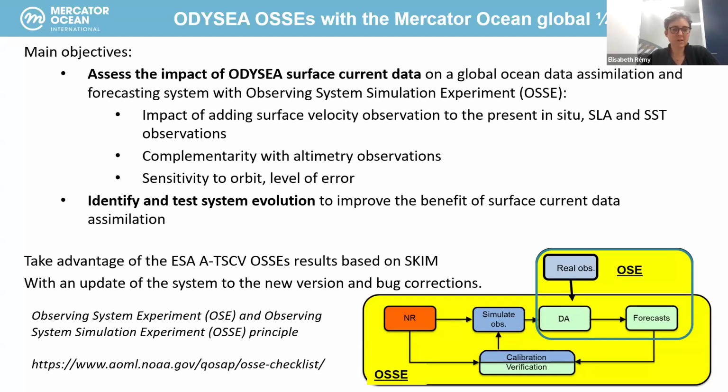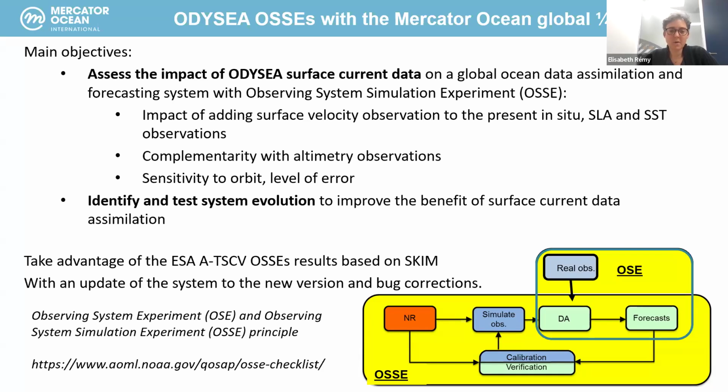The results I'm showing here with the Odysea observations take advantage of a previous study we've done with the SCHISM data. The approach we are using, for those who are not familiar with it, is called OSSE, for Observing System Simulation Experiments. That means that we are simulating the observations from a nature run, a different simulation.